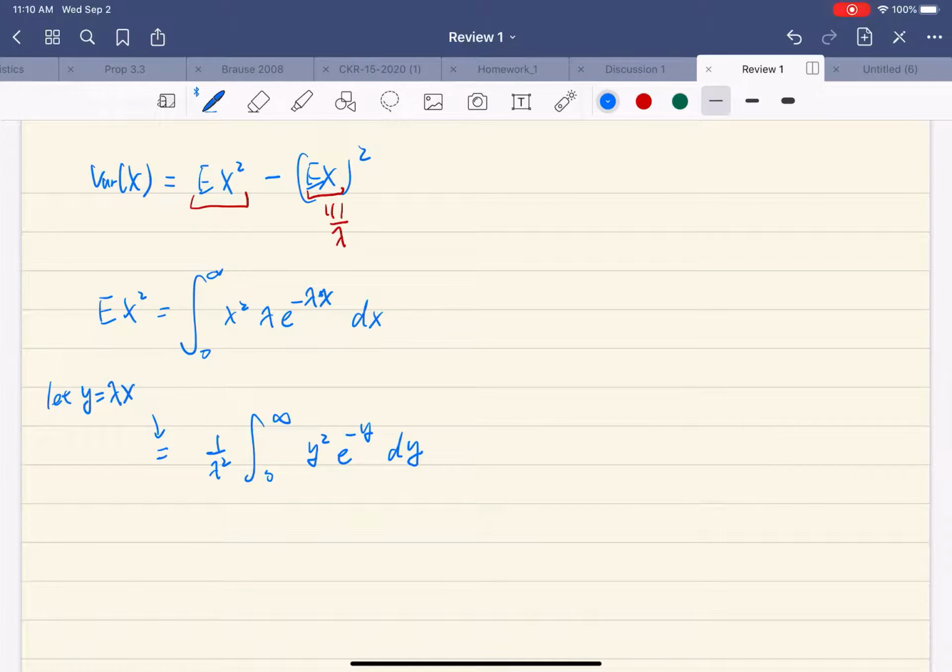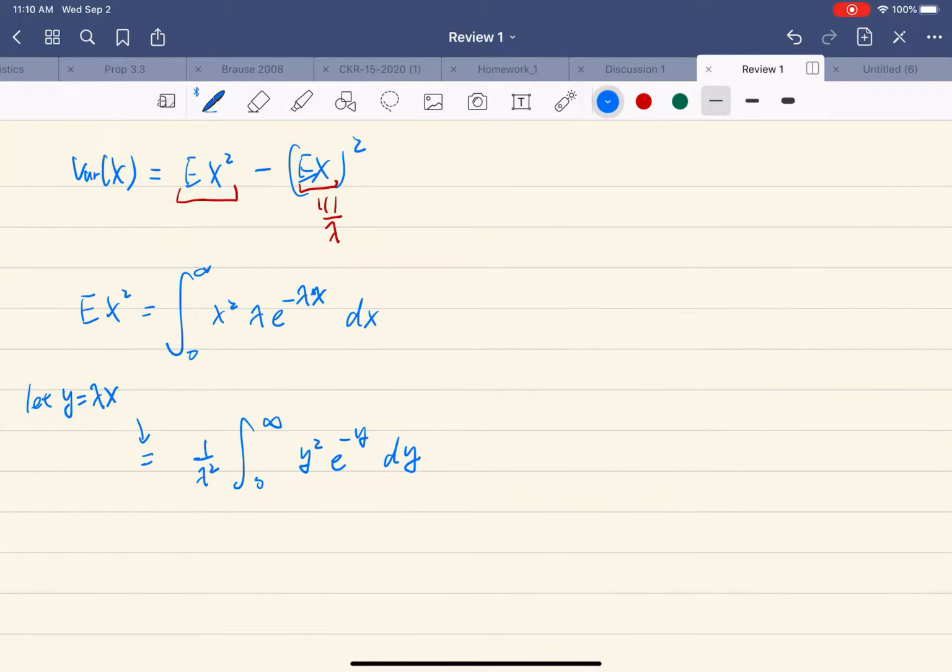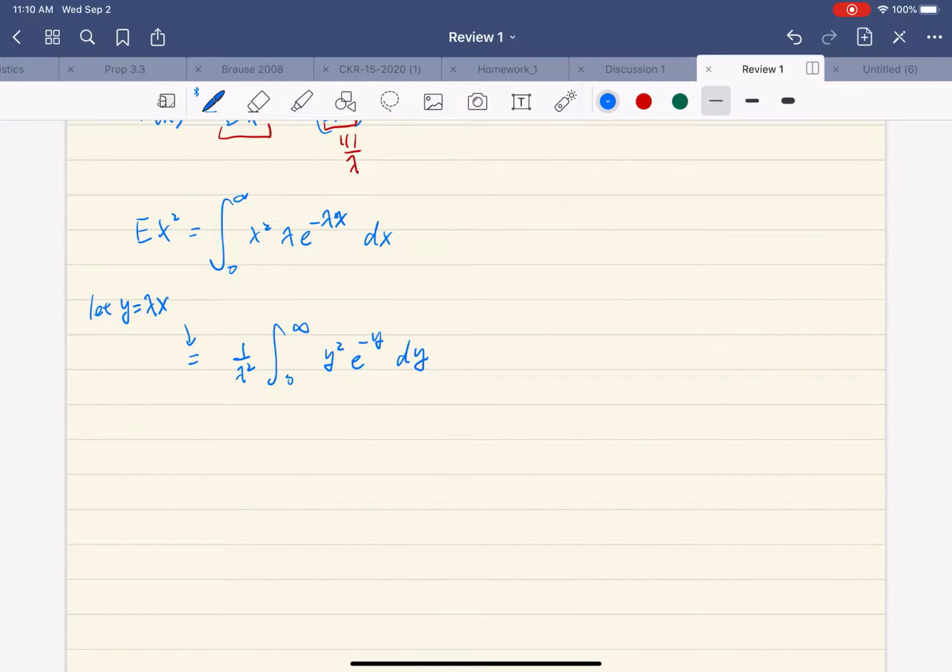And then we do the integration by parts. For the same reason, we move e to the negative y inside, so this can be 1 over lambda squared times the integral from 0 to infinity of y squared d(negative e to the negative y).